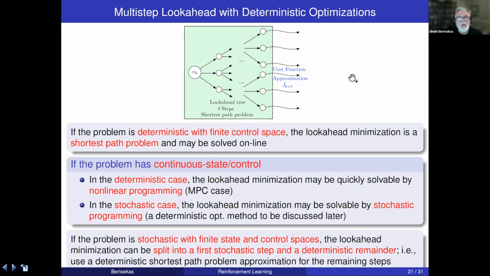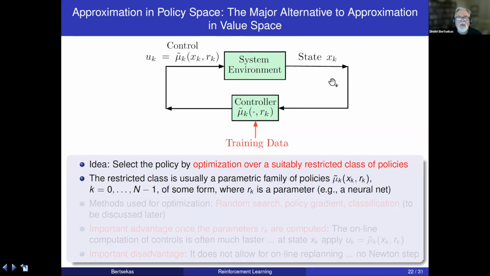Okay, so that's one issue here that enters the calculus of how we implement these methods.